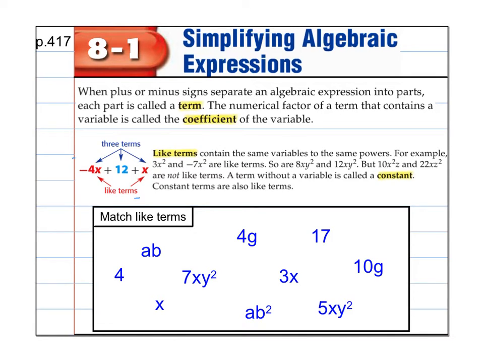Like terms contain the same variables to the same powers. So x and 2x are like terms, but x squared isn't because that's to a different power.